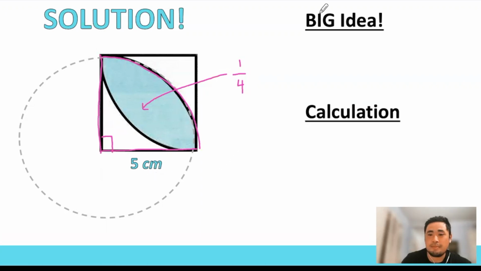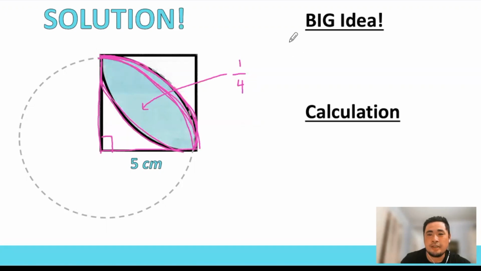So let's talk about the big idea here. If we can take the circumference of the entire circle and divide it by 4, that would give us the length right here of the sector. And then because we also need to find the other side that's enclosing it, we can take that answer and divide it by 2 to get the answer.